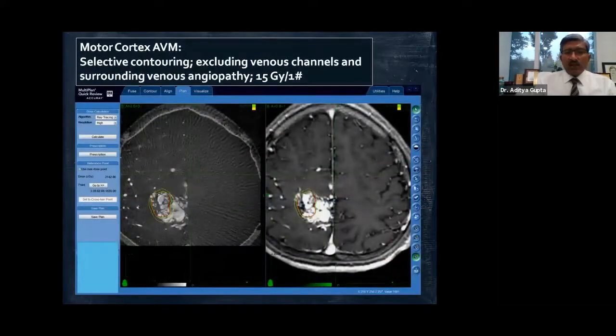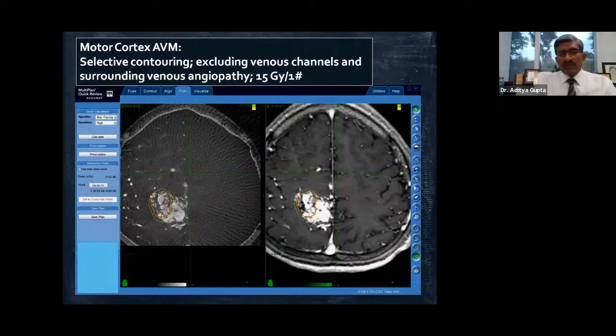Another example of a motor cortex AVM, and this particular patient had a lot of venous angiopathy surrounding the arteriovenous malformation. And in the motor cortex, you can again appreciate why it is so important to have a very selective contouring of just the AVM.